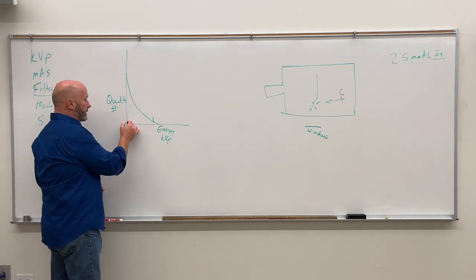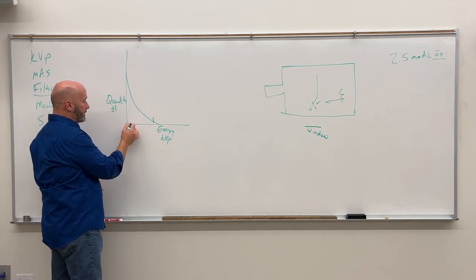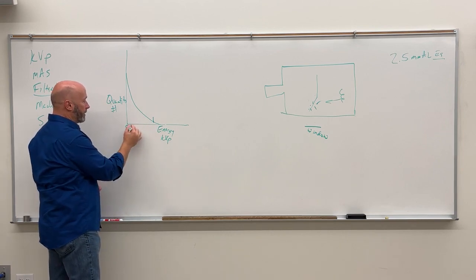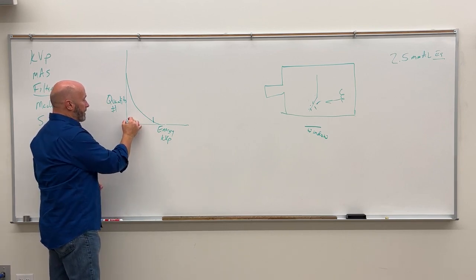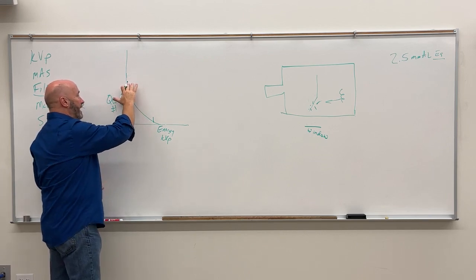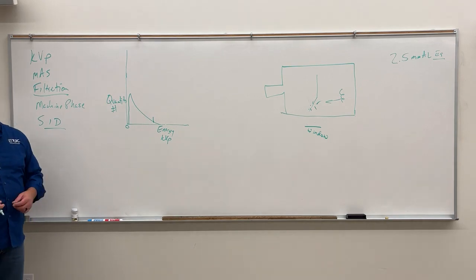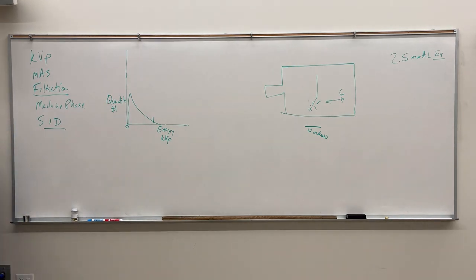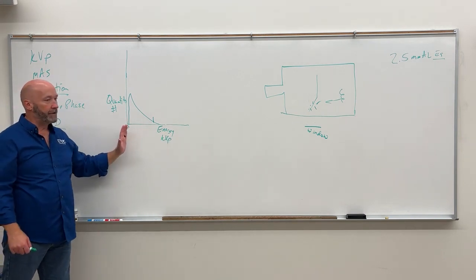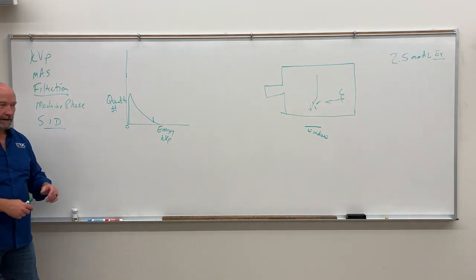So it's going to absorb a little bit of that. So what that means is that our minimum energy increased to above zero. So now our X-ray beam that is emitted from the X-ray tube looks kind of like that. Okay, so our peak energy is unaffected. Our minimum energy increased.